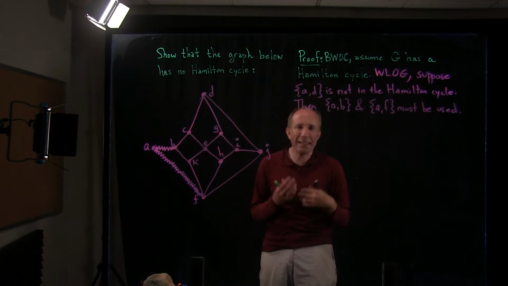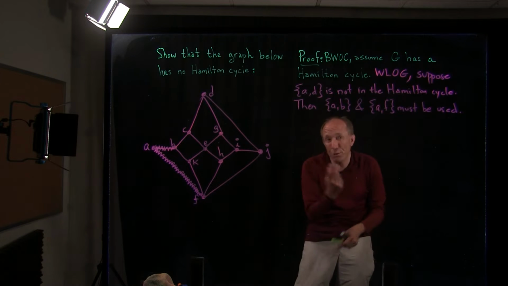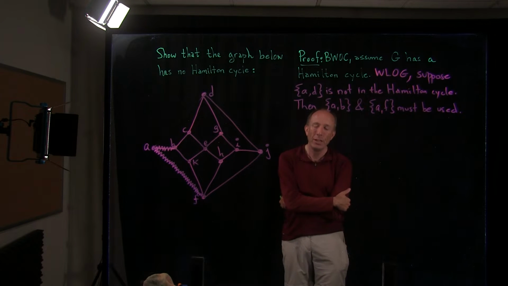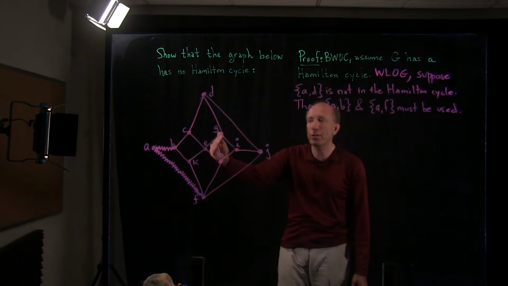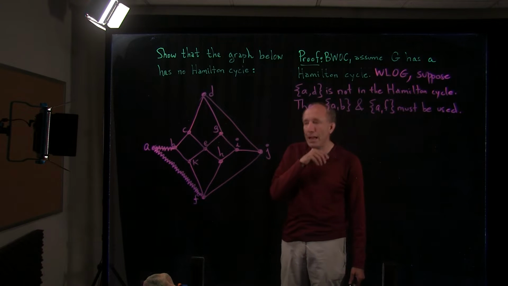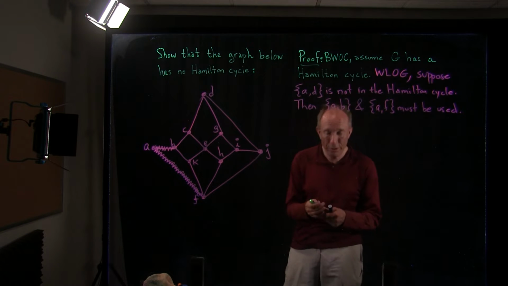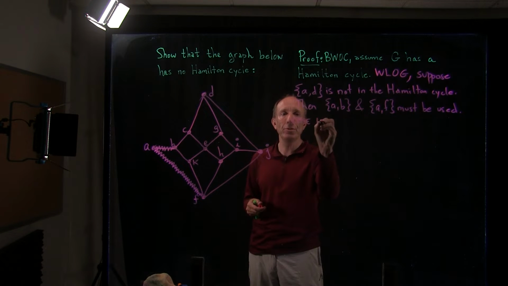Now at this point I can't say anything else for sure. Like I don't have any other vertices where there's only two edges available to me. But if I look at vertex B right there, I can see that I'm either going to use BC or I'm going to use BK. And what I could hope to do is two cases, and that's what I'm going to do.